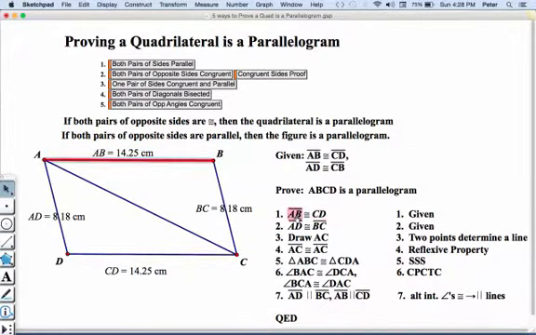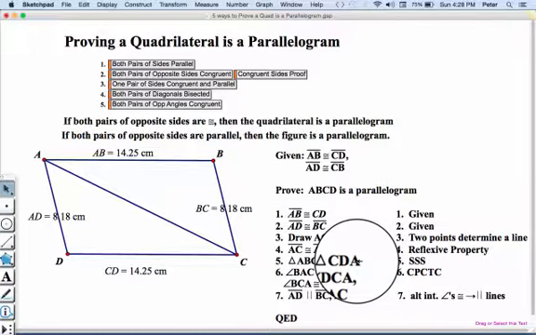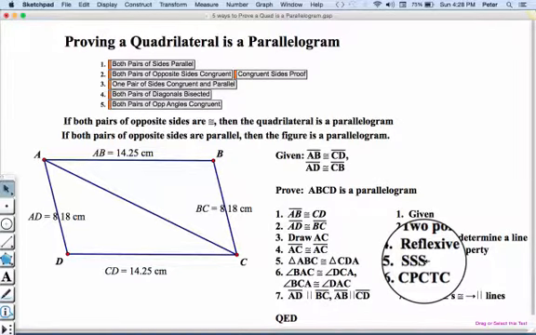So we know that AB is congruent to CD, and we know that AD is congruent to BC. By drawing AC, we know that it's congruent to itself. So triangle ABC is congruent to triangle CDA by side, side, side.